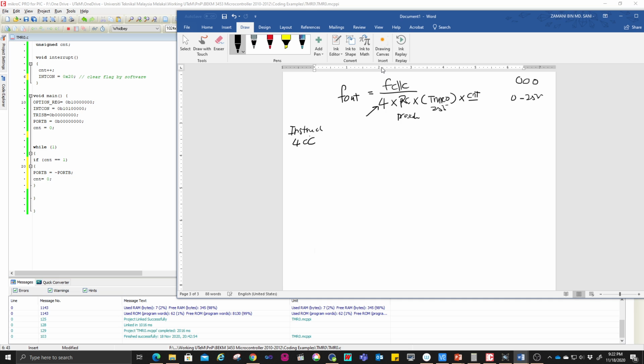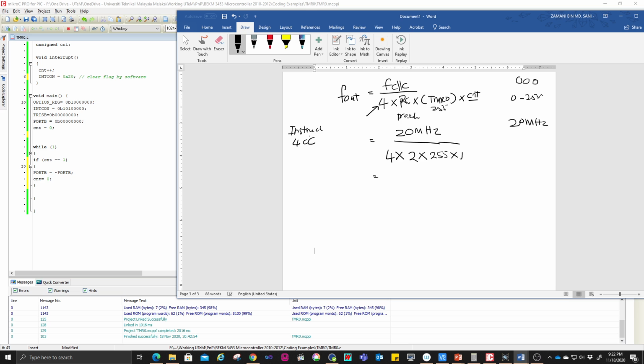Now look at the results here. The clock that we normally use is 20 megahertz. So 20 megahertz divide by 4, divide by 2, divide by 255, divide by 1.